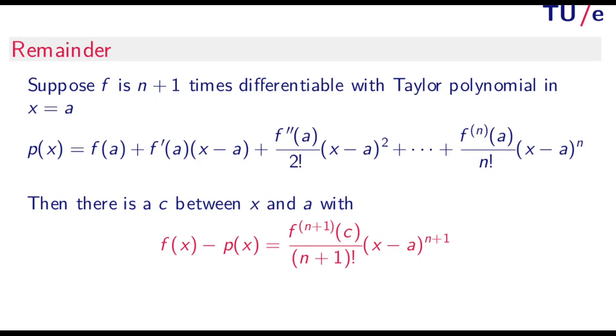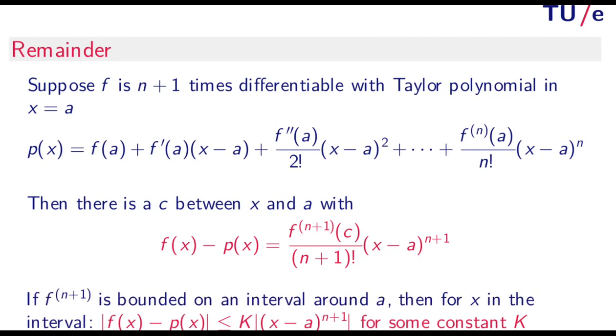Of course it depends on c, but of c we know something, namely it's in between x and a. In particular, if the n plus 1st derivative of f is bounded on an interval around a, then for x in that interval we find that f of x minus p of x is at most a constant times x minus a to the power n plus 1.